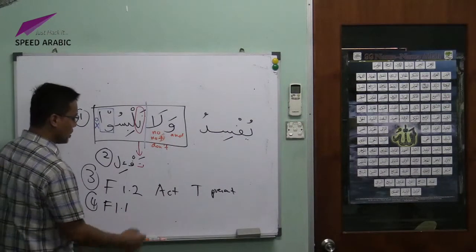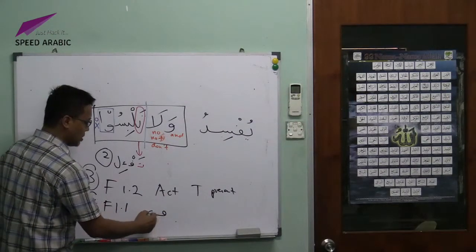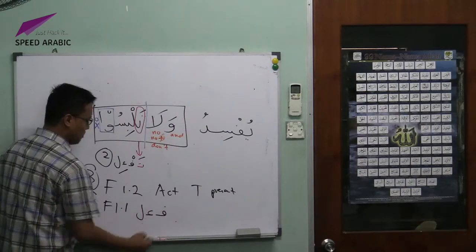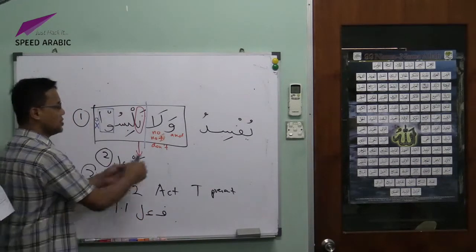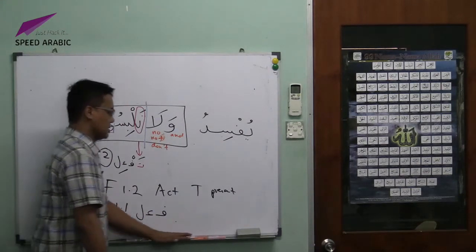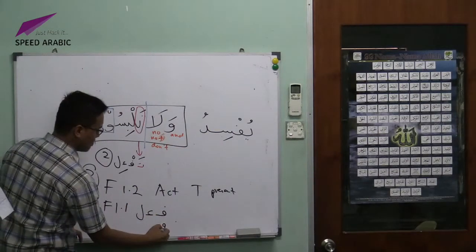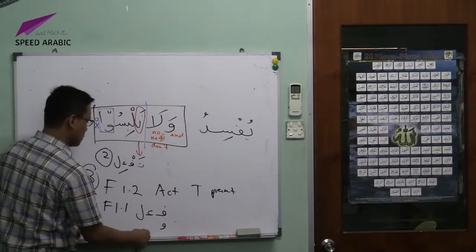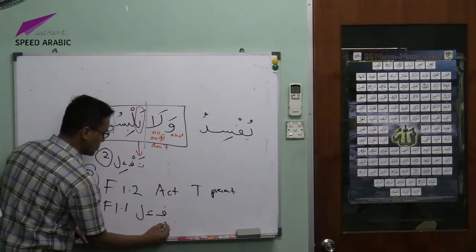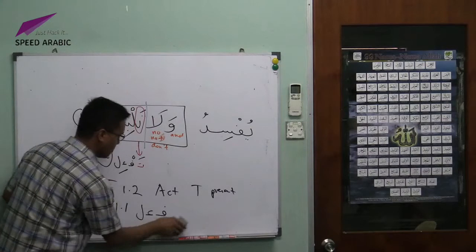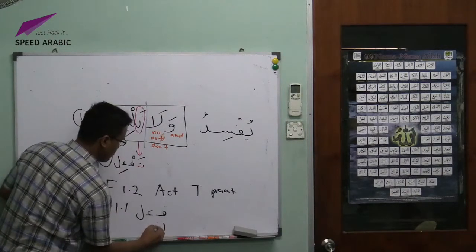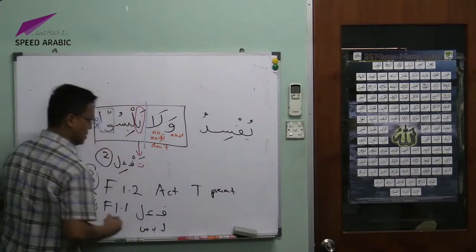From 1.1, you get fa, ain, lam. Then you go back to the target verb. It will be lam, ba, and sin.